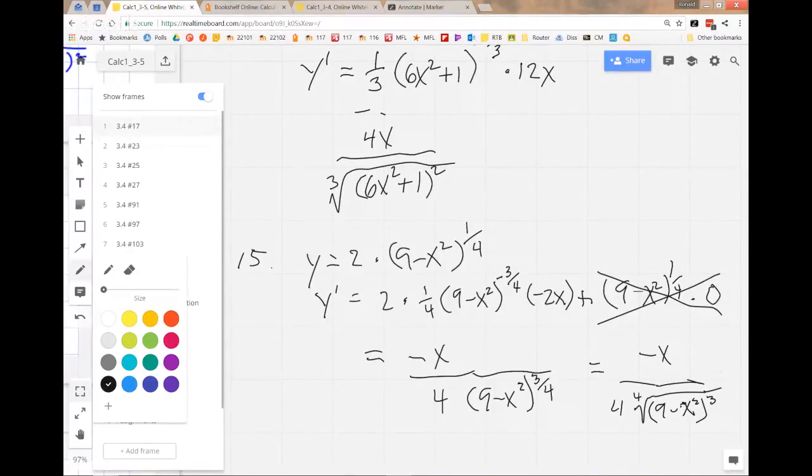So I would say either one of these answers is correct. I'm guessing the one on the right is the one the book probably leans toward. So did that help? Yes, thank you. You're welcome.